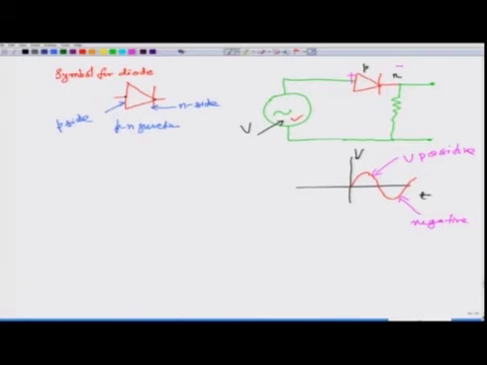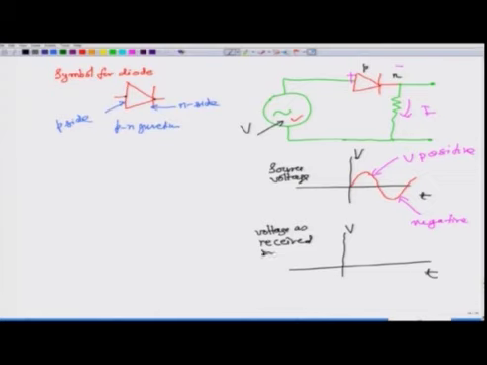And in forward bias, under our approximation, the PN junction offers no resistance and the entire current will flow. So, on the other side you will have a current I, and if I again plot this voltage, which was our source voltage, now this is the voltage as received by the resistance.